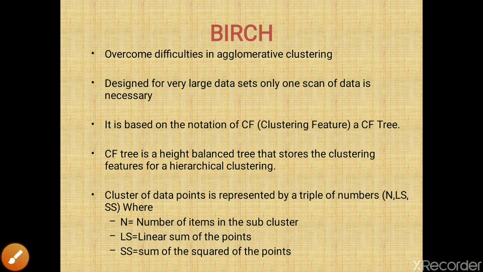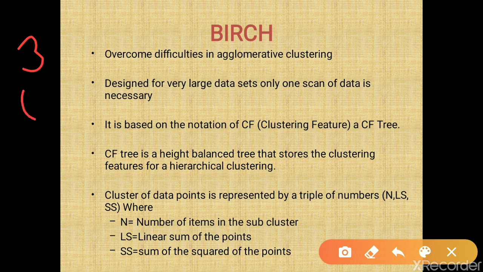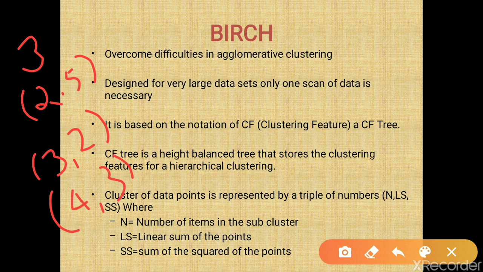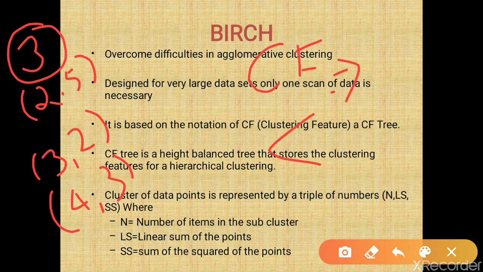Now we will see an example. Suppose 3 points are given as pairs of values: 2, 5, then 3, 2, then another point 4, 3. So the clustering feature CF is calculated as follows. How do we find the linear sum?